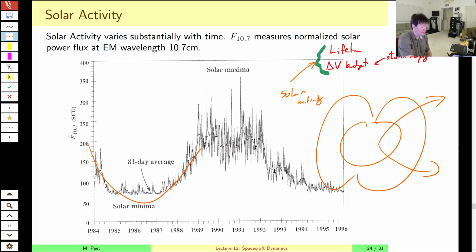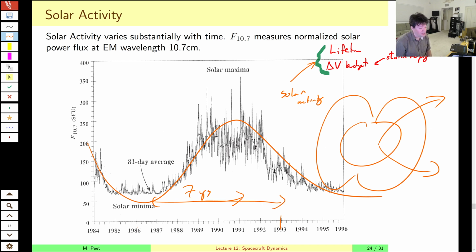We have this 7-year solar cycle. It looks like 7 years. Let's see. So if it was 7 years, it would be 86 to 93, right? So that's 7 years.